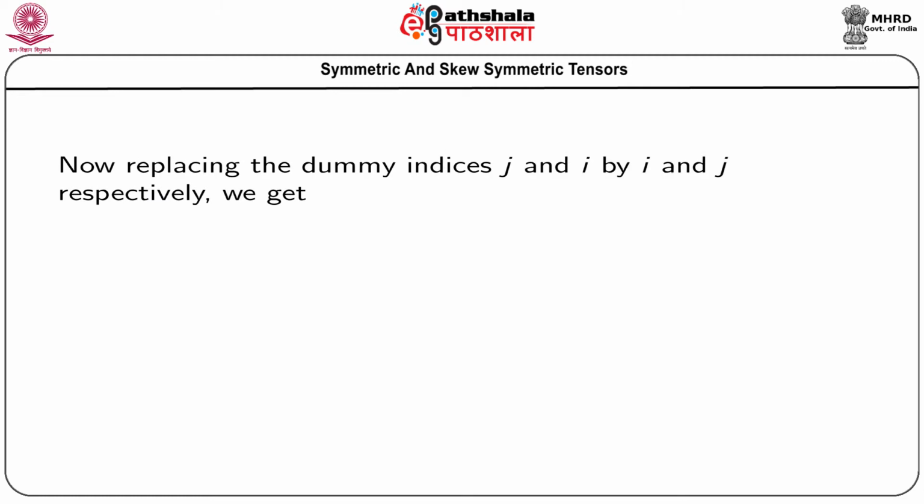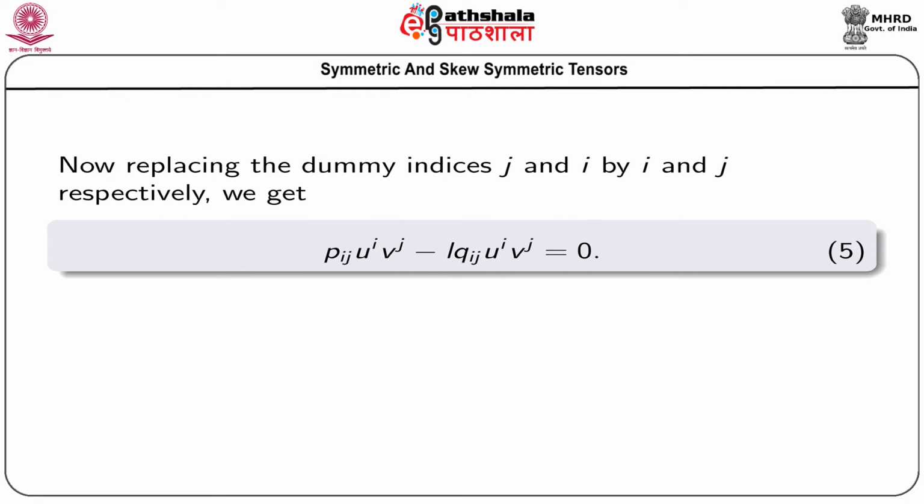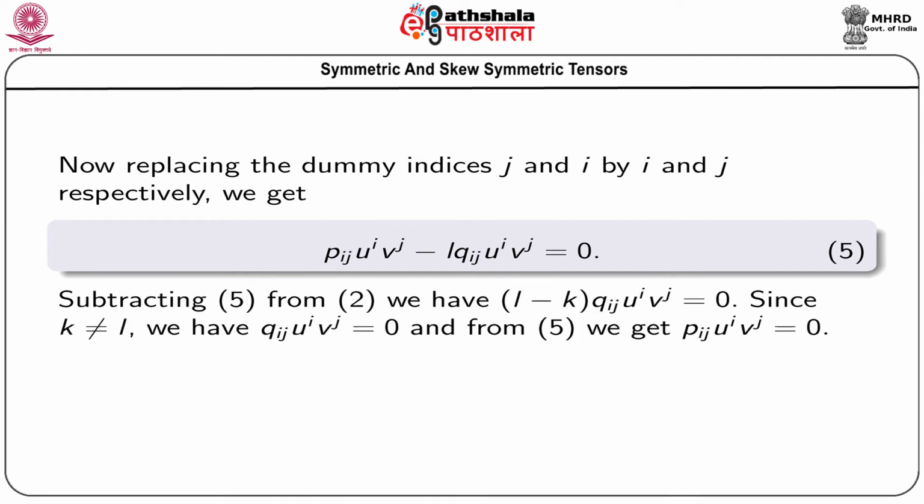Now, replacing the dummy indices j and i by i and j respectively, we get Pij Ui Vj minus L Qij Ui Vj equal to 0. So, subtracting 5 from 2, we have (L minus k) Qij Ui Vj equals to 0.